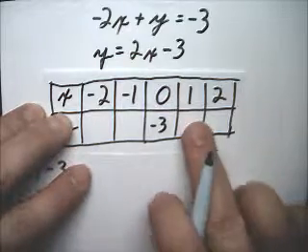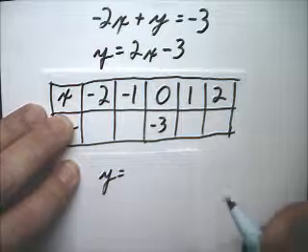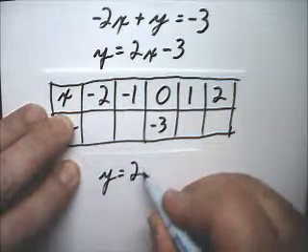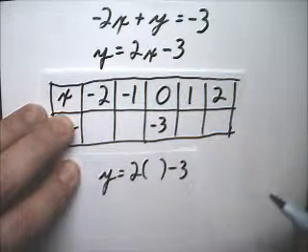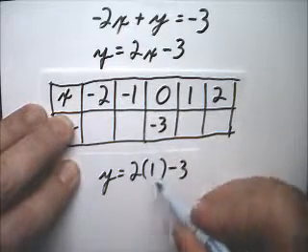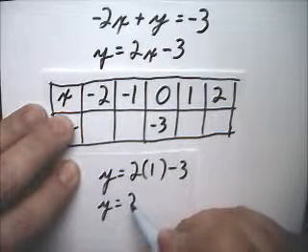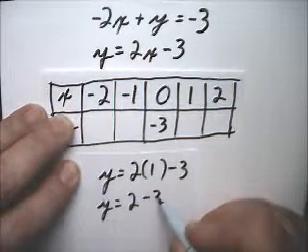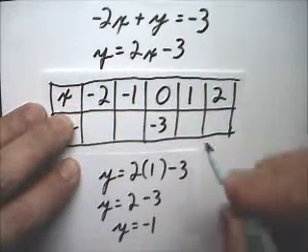Okay, now I'll go this way, and I'll figure out what y equals when x is +1. So I've set it up for substitution. I'll put my 1 in there, and I end up with y is equal to +2 minus 3. So in this case, y is equal to -1.